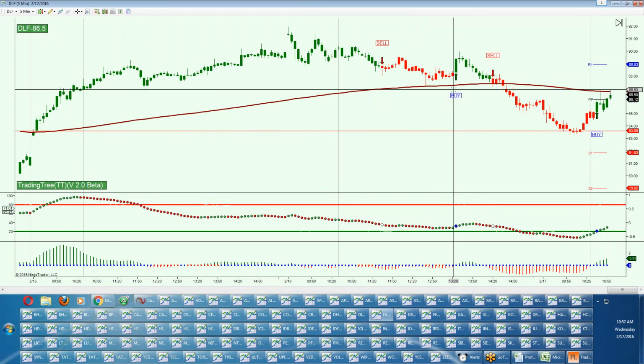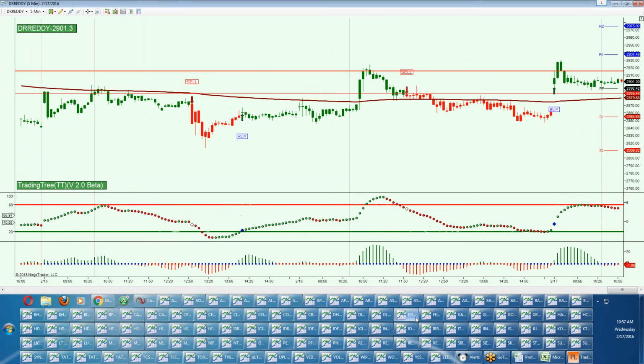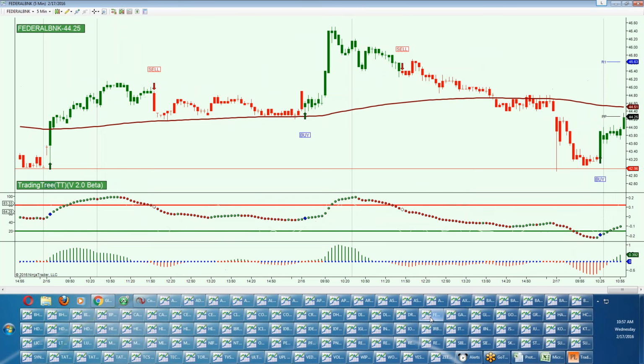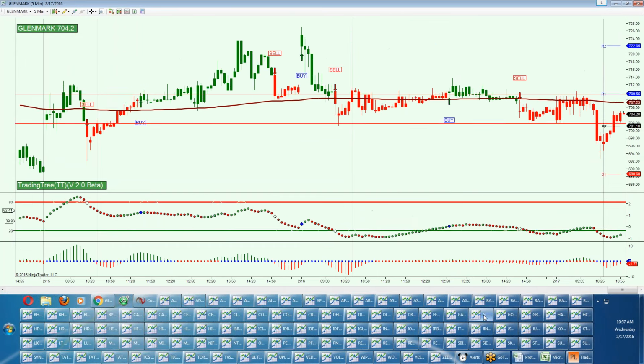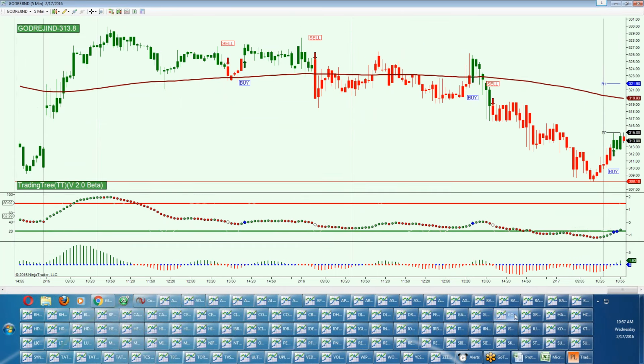It has to break free from this brown line. Dr. Reddy has flattened out. Federal Bank, you can see that we have a buy here at 43.90. Godrej, you can buy about 315.10.